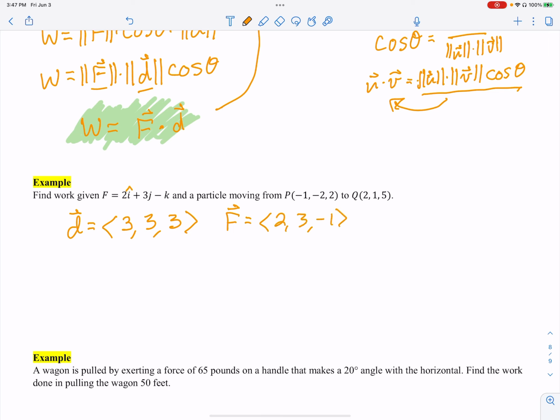These all should have hats on them, but I missed it. So work is F dotted with D. That means we get 3 times 2 is 6, plus 3 times 3 is 9, minus 3, so it gets me 12. The work done would be 12 foot-pounds, whatever we're talking about. We actually don't know the units in this one.